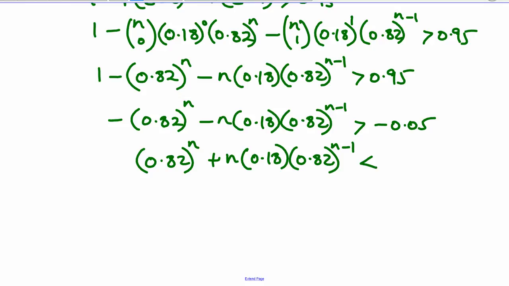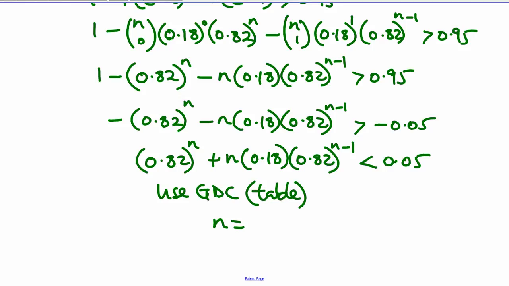Now, because I divided each side by a negative, the inequality will change. So whatever is on the left is less than 0.05. Now, at this stage, we can use our graphing calculator, the GDC, and I'll show you how you can use the table in your GDC to find what n is.